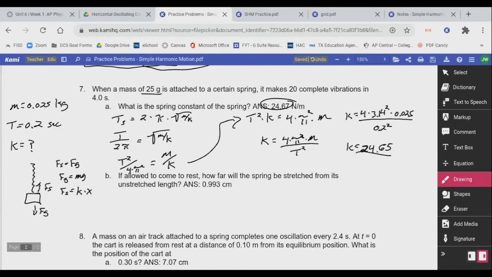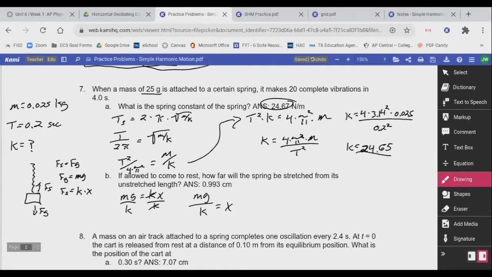Now, we said force of spring and force of gravity are equal to each other, so mg is equal to kx. We want to solve for x, so we're going to divide by k. We're going to say that mg divided by k is equal to x, because those cancel out.